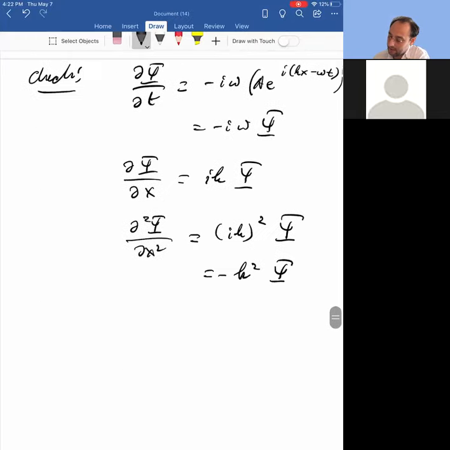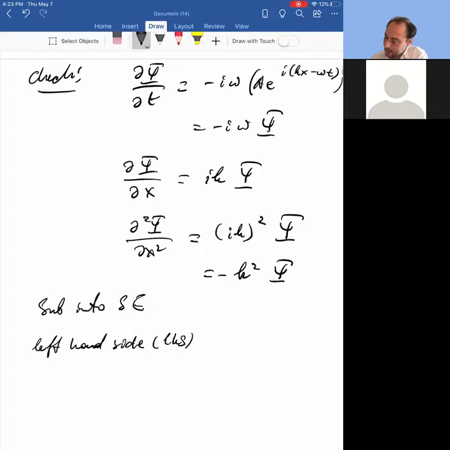So I have, sub into Schrodinger's equation. On the left-hand side, LHS, I have minus i omega psi. On the right-hand side, RHS, what is it that I have?